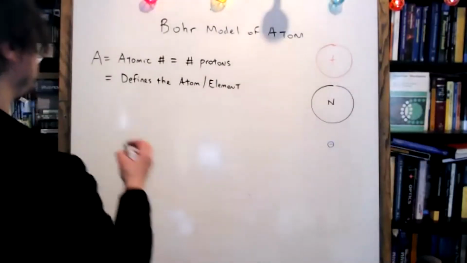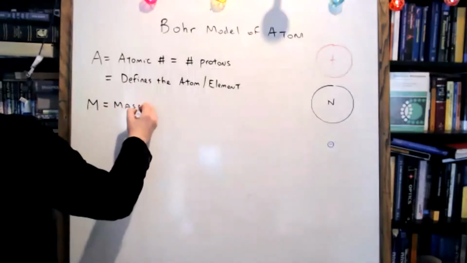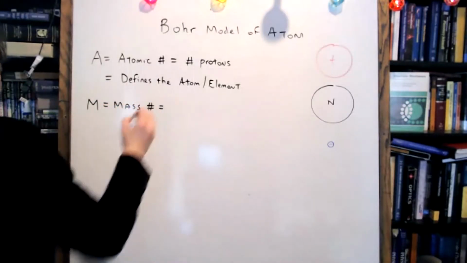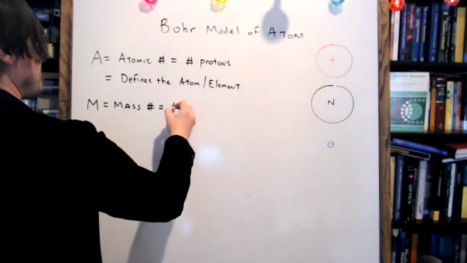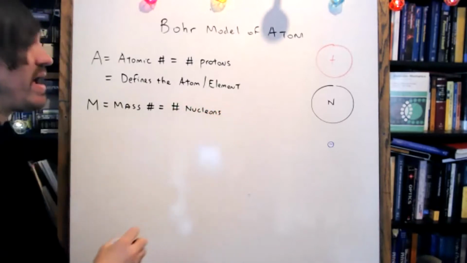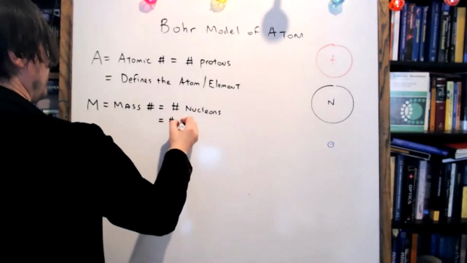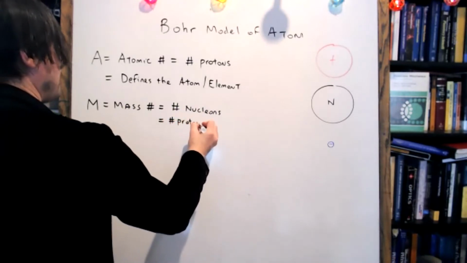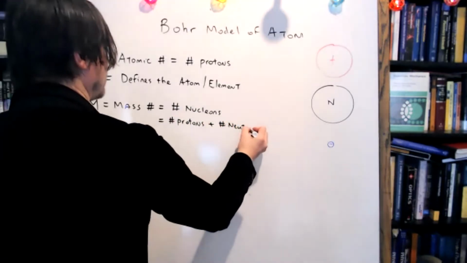Next up, let's define something called the mass number. The mass number tells you the number of nucleons in your atom. That is, to remind you, the number of protons plus the number of neutrons combined.